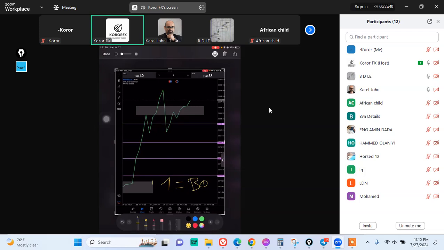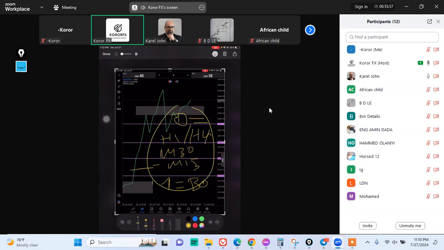You do not use a lower time frame breakout. You can use M30 breakout, M15 breakout, H1, H4, daily. You can find breakouts. So when you get a breakout, find what time frame is your snatcher zone.